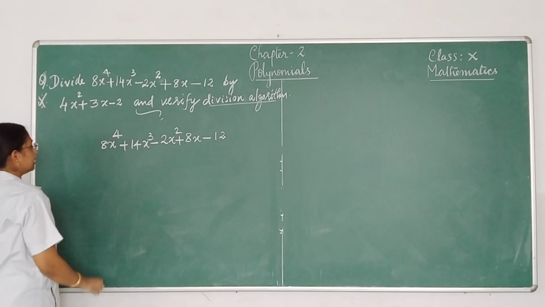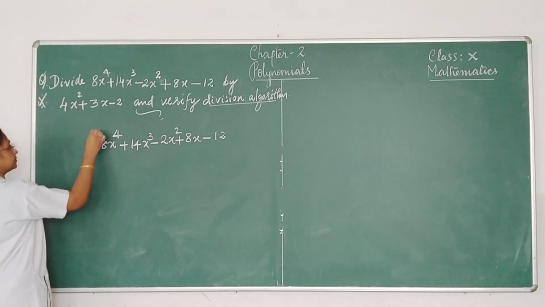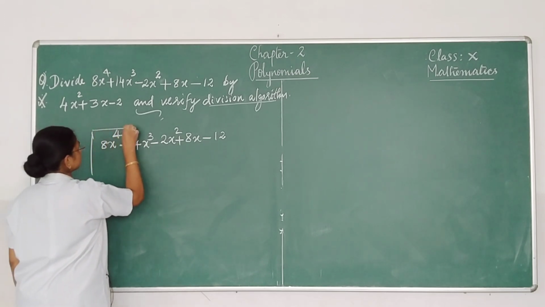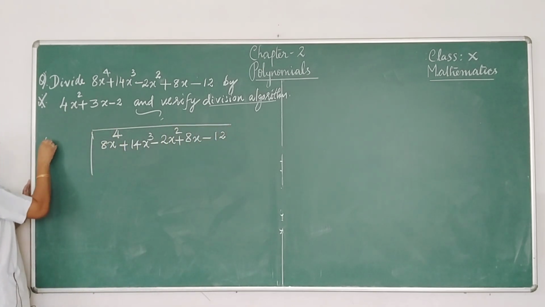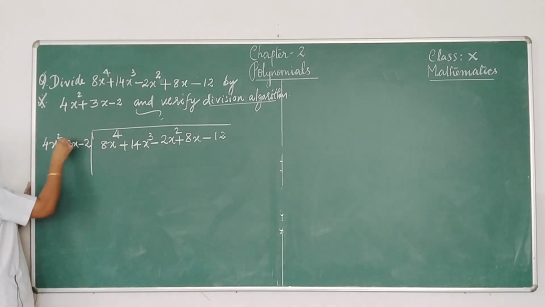This you need to divide with. The divisor polynomial is 4x square plus 3x minus 2.